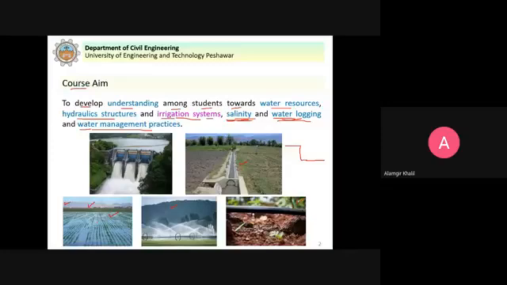So in Pakistan, because we are blessed with glaciers in the north, during the summer time the melting of glaciers contributes to the flow in rivers. So that's why so far we are using the conventional methods of water supply for agricultural lands.